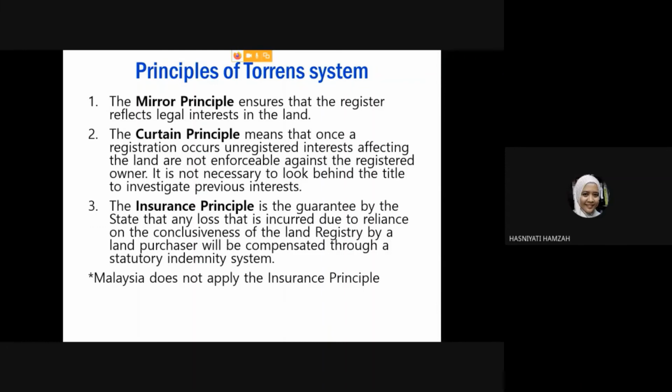A dies. A's land now can be transferred to the next of kin, to the family members according to the estate law in Malaysia. So now in this case, because A didn't make the proper transfer, the proper registration of Form 14A in the registry, B's interest is not recognized.